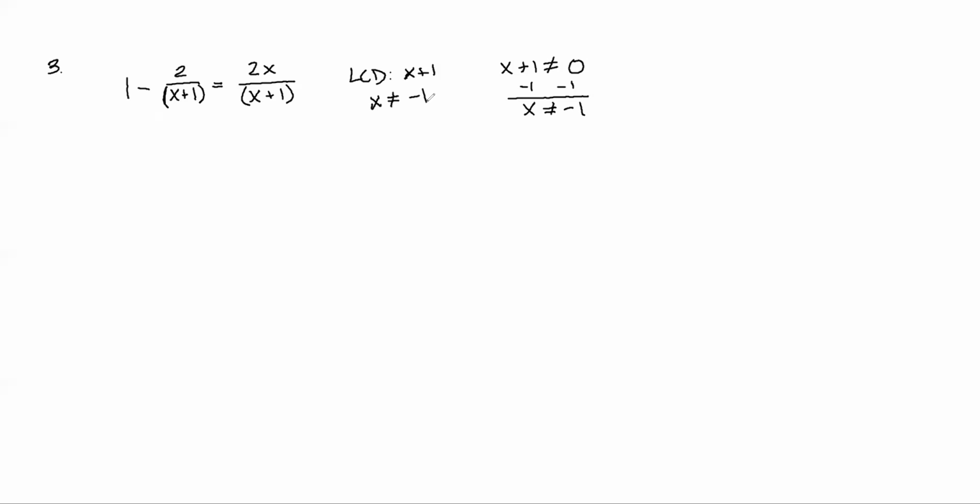And now let's go ahead and multiply every single term, including the terms that are not fractions, by x plus 1. So with this first one here, we have a 1 in the front. It's not a fraction, but we do have to multiply it by x plus 1. And then we're going to multiply these two terms here by x plus 1. I'm going to move this equal sign to the right a little bit.